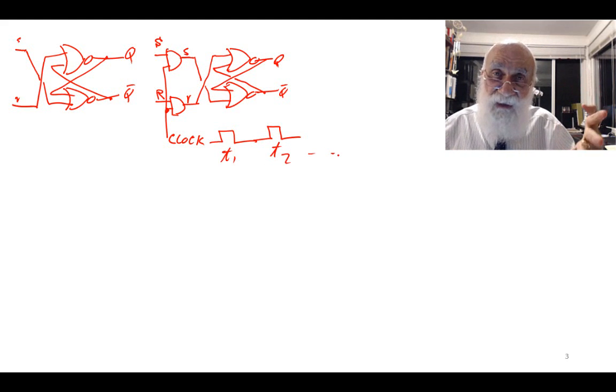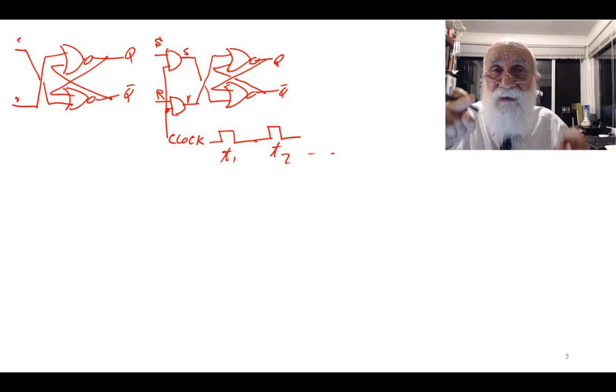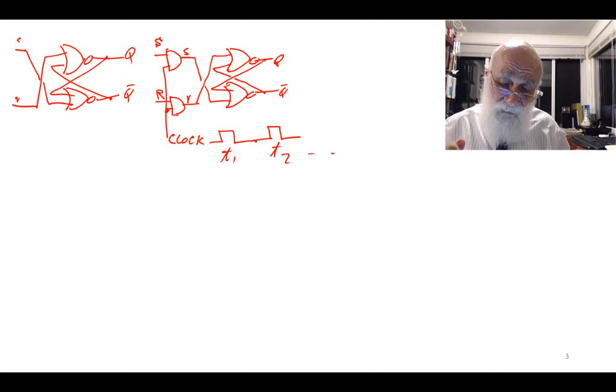And therefore, the external S and R, whatever they are, are not gonna affect my circuit unless there is a clock pulse.